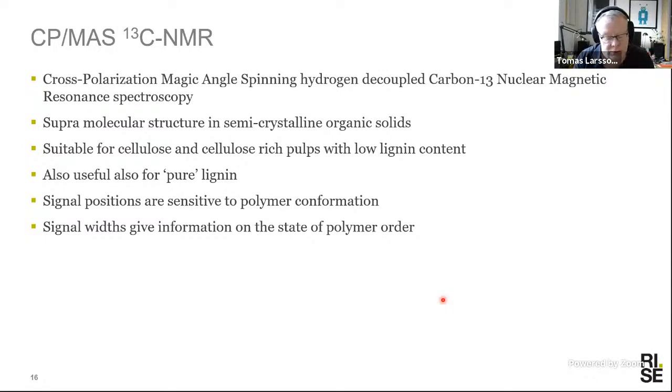And one thing that is good, I think, to keep in mind with respect to this method is that you get signals, and signal positions are sensitive to polymer conformation. And as normal in spectroscopy, signal width, or the broadness of a line, is actually indicative of the degree of order or the degree of disorder in a sample.